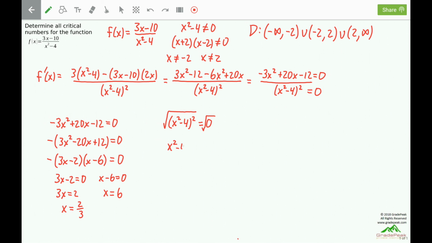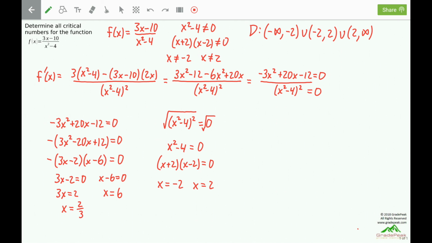The square root and the square cancel, leaving x squared minus 4 equals the square root of 0, which is 0. X squared minus 4 is a difference of squares and factors into x plus 2 and x minus 2. And solving for x here, x equals negative 2 and x equals positive 2.